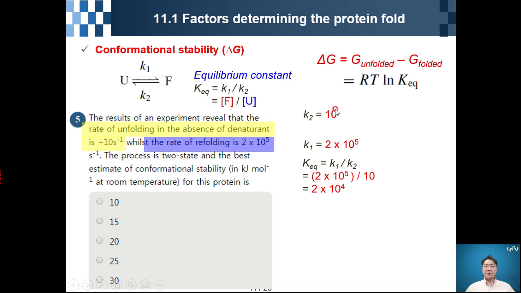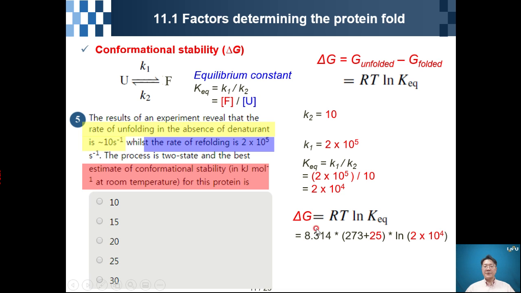Delta G is RT ln KEQ, where R is 8.314 and T is 273 plus room temperature, which we assume is 25 degrees centigrade, multiplied by the natural log of KEQ, which is 2 multiplied by 10 to the 4th. So delta G will be about 24,000 joules per mole, which is approximately 25 kilojoules per mole. So the conformational stability is around 25 kilojoules per mole.